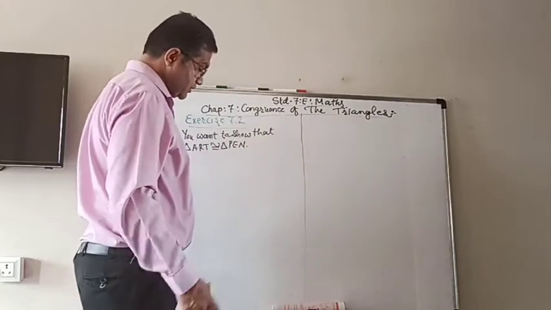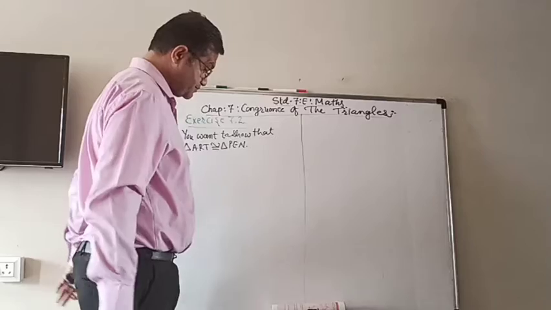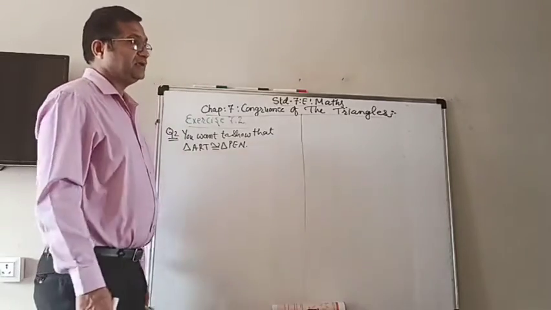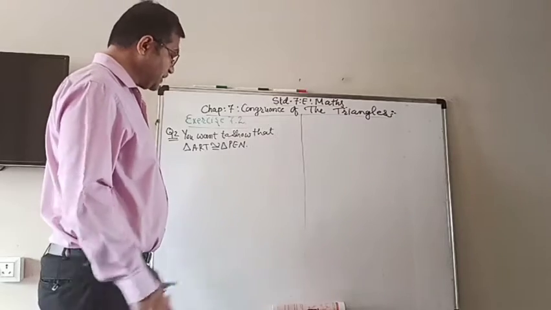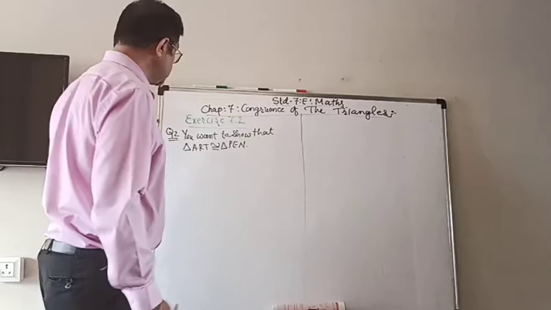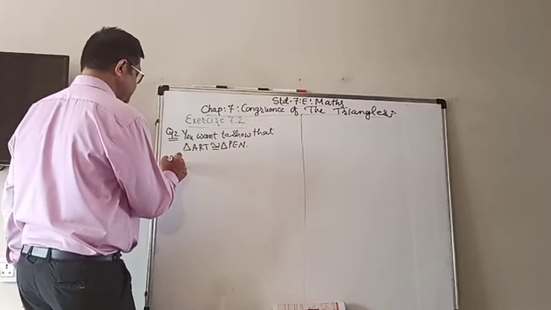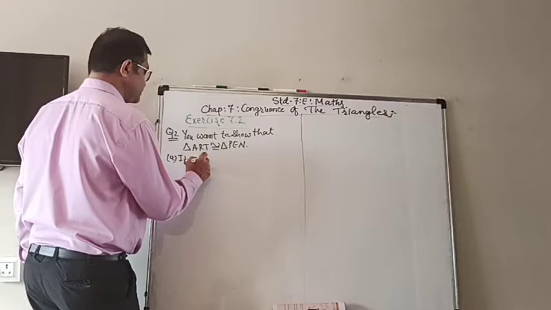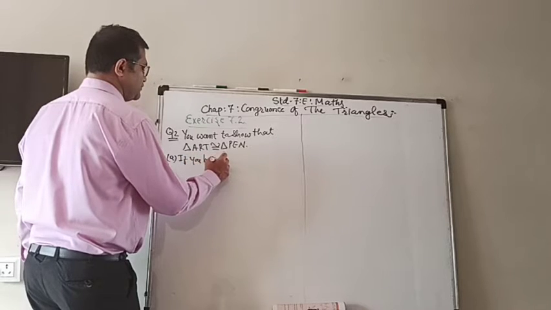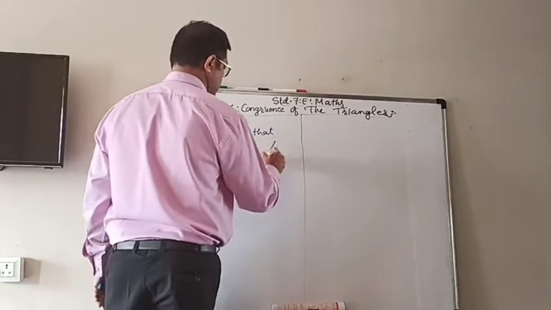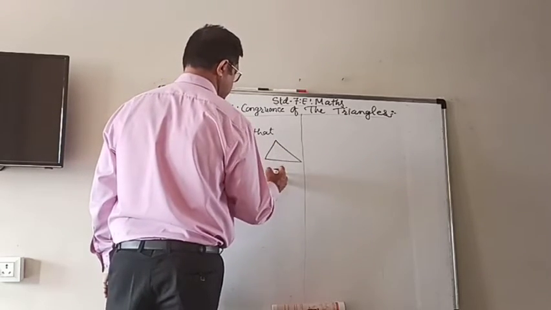But now, in a different situation, we have to use different criteria. And then, whatever parts are equal, we have to write down. First, if you have to use, you can draw the triangles also.